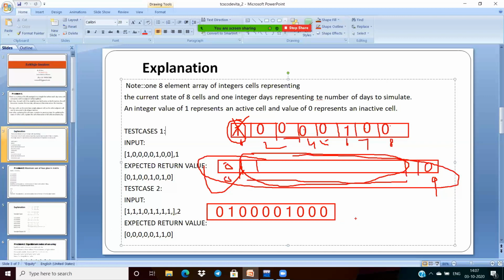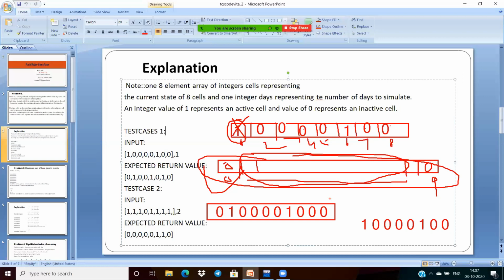So the cell values, I want to write the cell values also. Again 1, and then zeros.